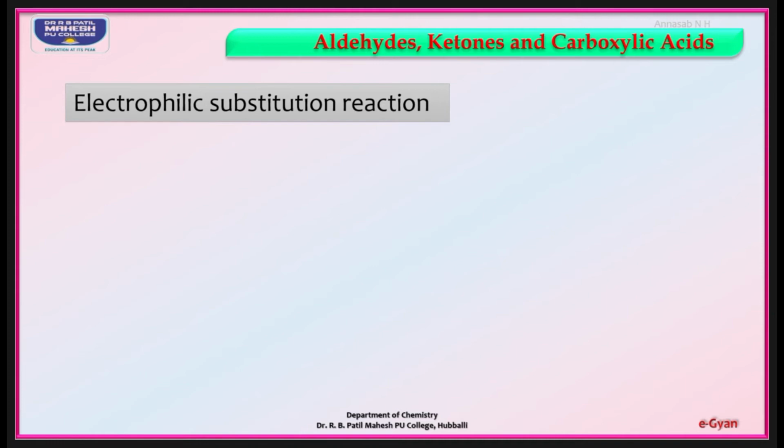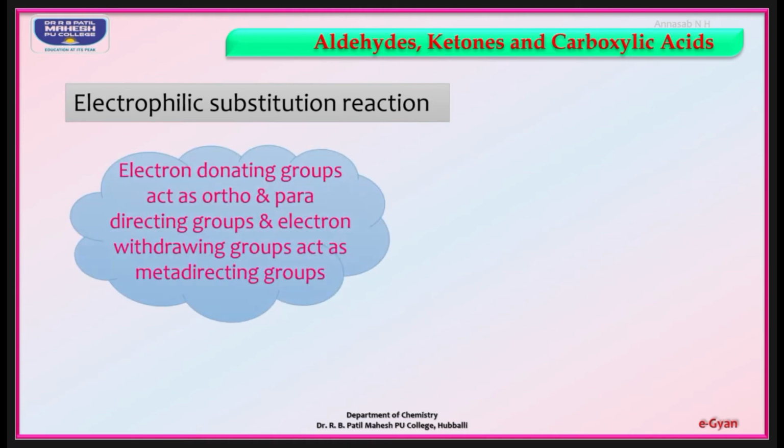When benzene is attached with electron donating groups which can activate the ring, they act as ortho and para directing. Whereas when electron withdrawing group is attached to benzene ring, it deactivates the benzene ring by withdrawing the electron from the ring, and it is going to act as meta directing group.